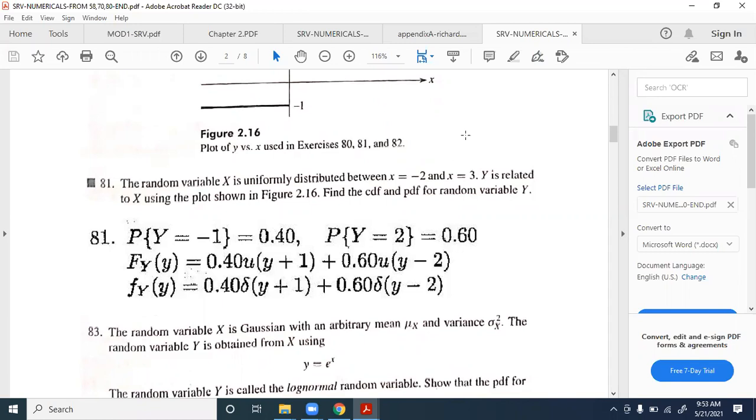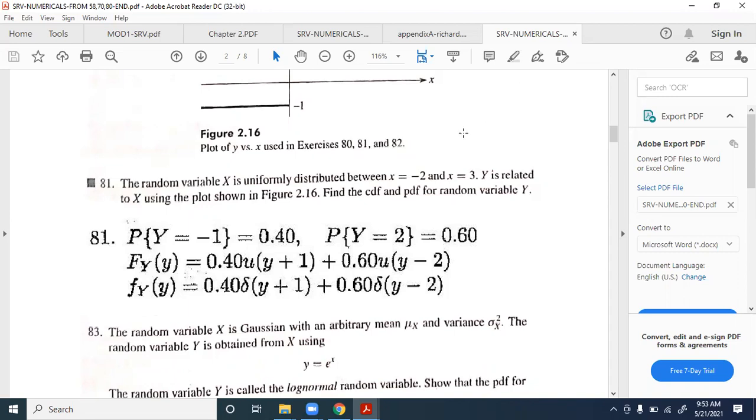You can find out. The area from here to here, as you go on increasing, at -1 will be a value which is 0.2, and at +2 a value which is 0.8. Most probably this gives 0.8 and this gives 0.2.